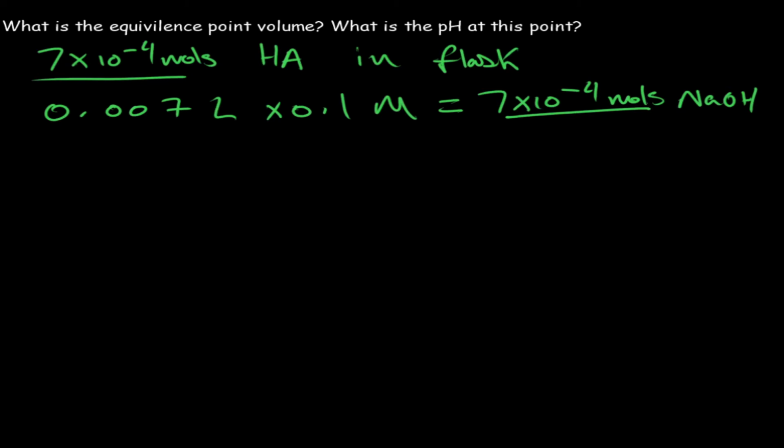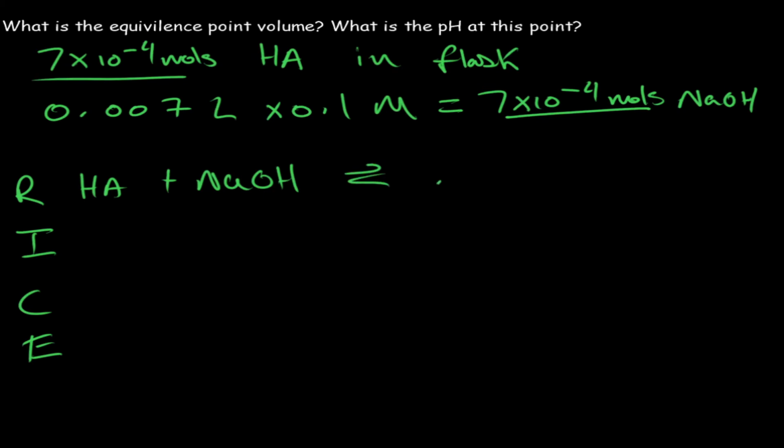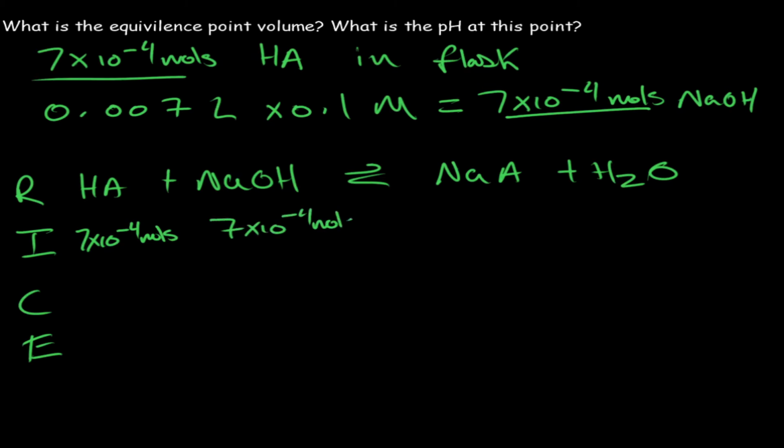So, as usual, our next step is to do a rise table to visualize the reaction going on. So again, our reaction will be HA plus NaOH is going to create sodium acetate and water. So our initial amount of HA, we said that's 7 times 10 to the negative 4 moles, and that's the same thing as our NaOH because we were at our equivalence point.